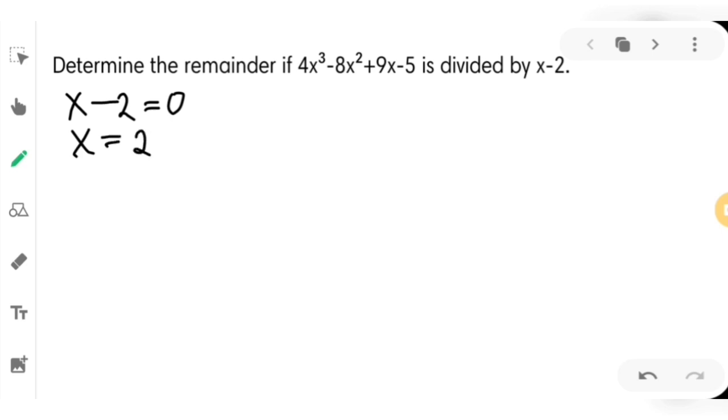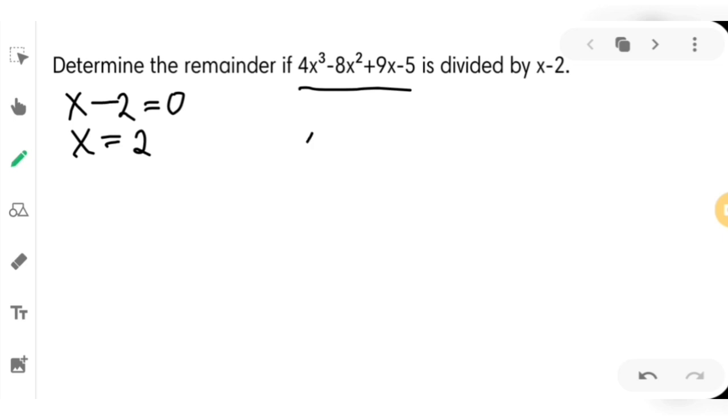Now the first method is we will use the synthetic division. So arrange the terms in descending order, and then write 0 for the missing terms. Since we don't have missing terms and the terms are arranged in descending order, now let us write the numerical coefficients.